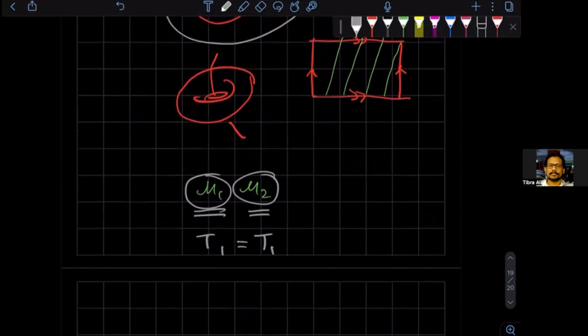There might be another topological invariant, say T2, where they are not equal. If you can find two topological invariants which are different for these two spaces, then they're topologically different, right? Yeah, I understand.